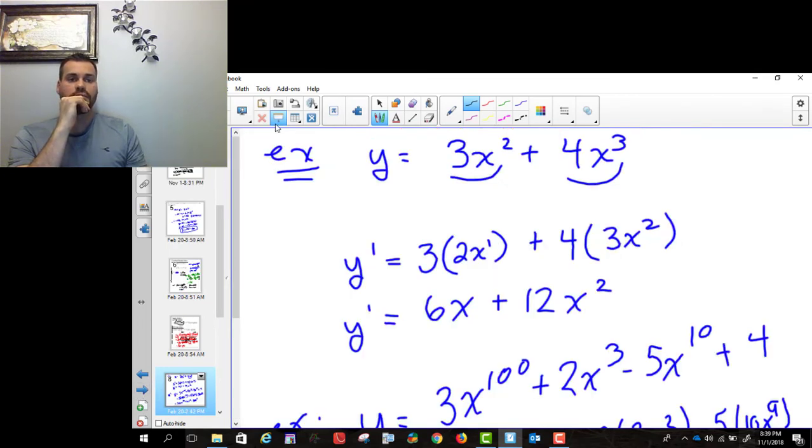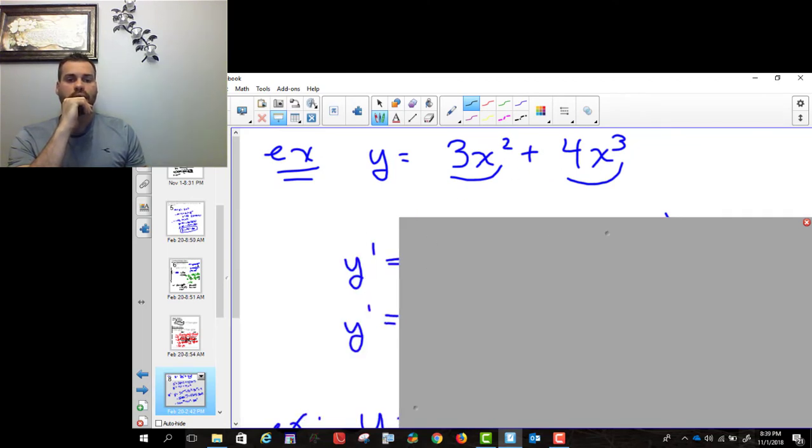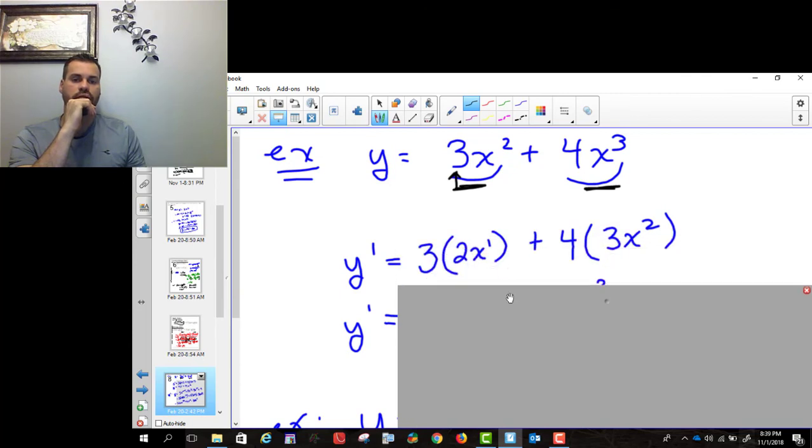Okay, so here's an example, just to sort of show you how this works. This is a sum. To get y prime, I just take this term by itself, this term by itself. In this term, I have a constant multiple. So the 3 stays out, I'm doing this in very careful steps, and then we apply the power rule to this. So we bring the power down, 2, and we subtract 1 from the power.